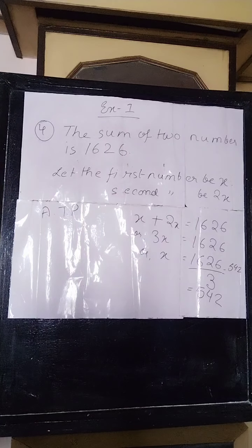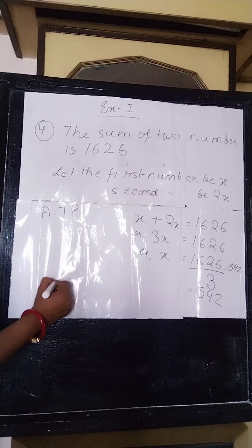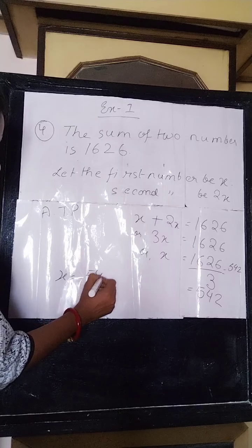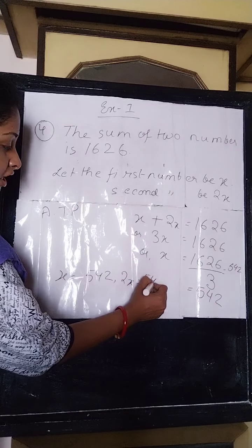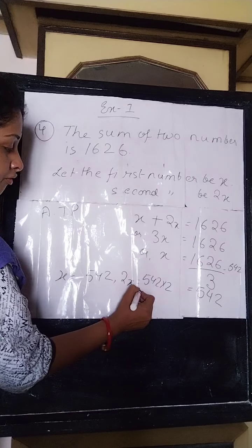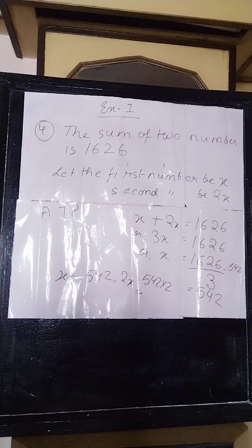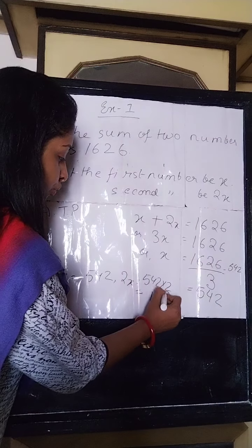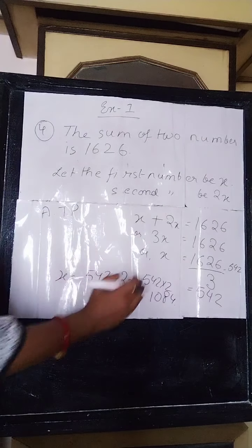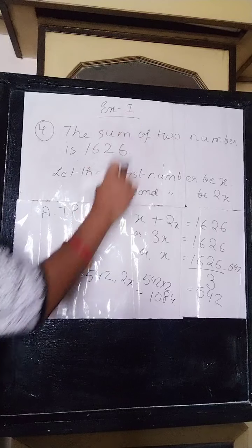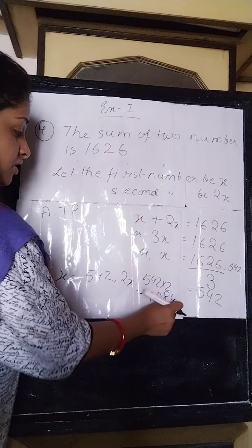Definitely 2x will be 542 into 2, which is 1084. So the two numbers whose sum is 1626 are 542 and 1084.